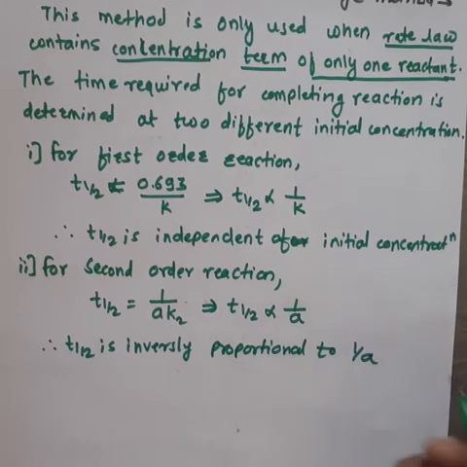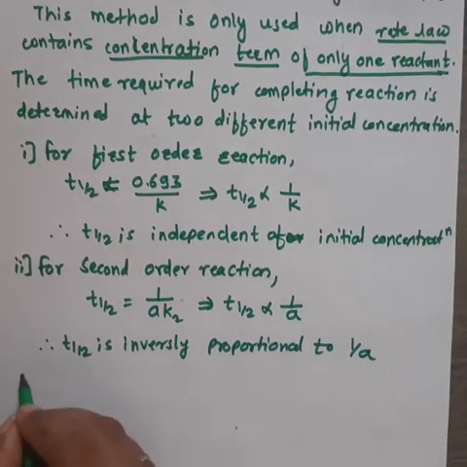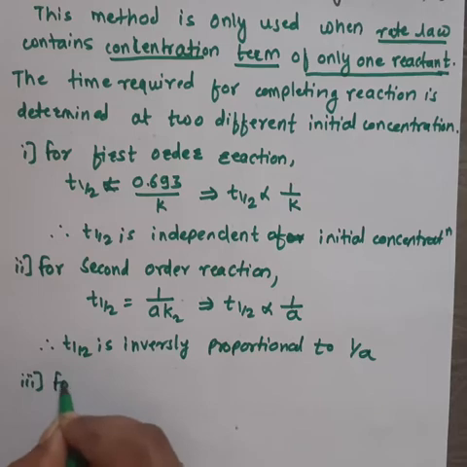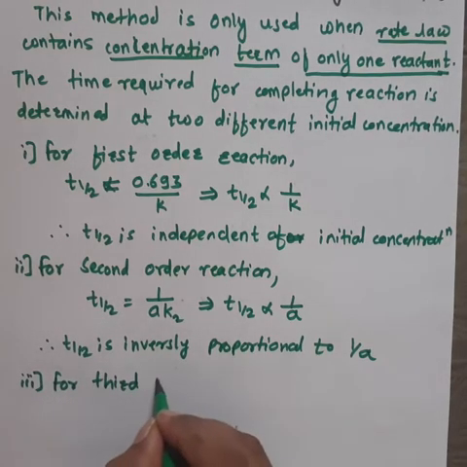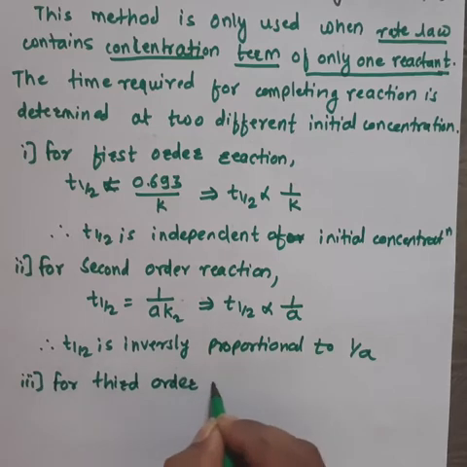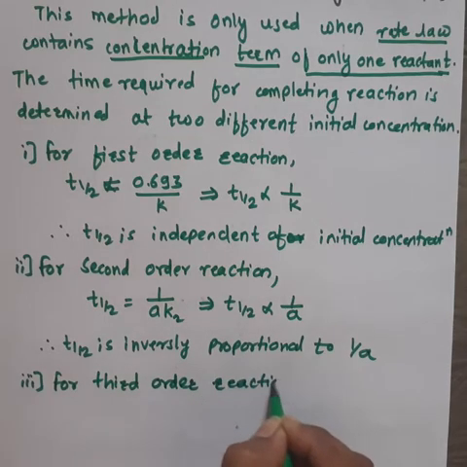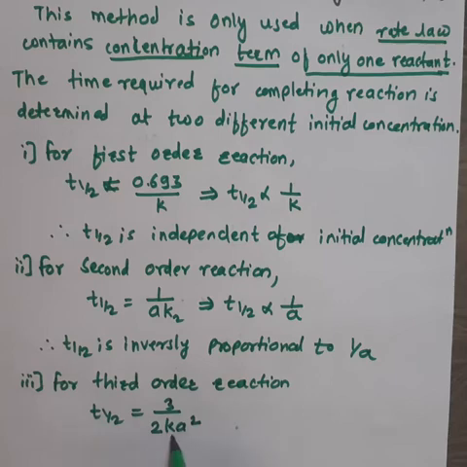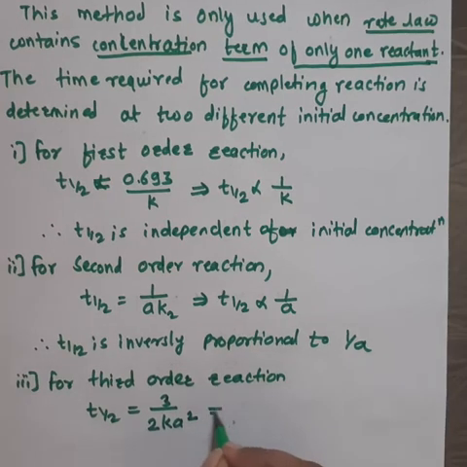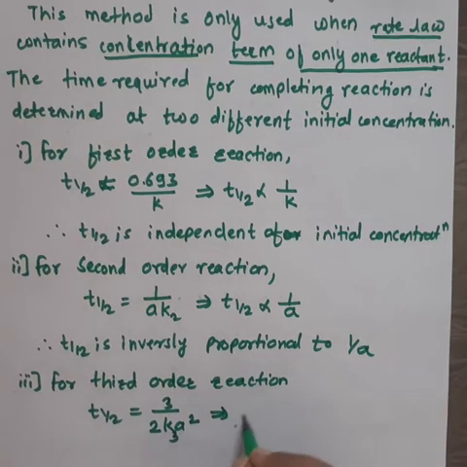For a third order reaction, this is not in your syllabus. You will study this third order reaction at TYBSc. For a third order reaction, T half is equal to 3 by 2 K3 into A square, where K3 is the rate constant for the third order reaction.